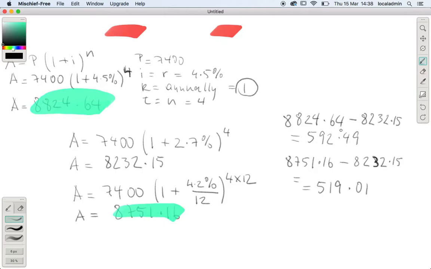Real value meaning our increase in value has also been incorporated, as well as our decrease in buying power. Okay, so that is furniture, and this is the bank. And our clear winner is obviously the furniture.